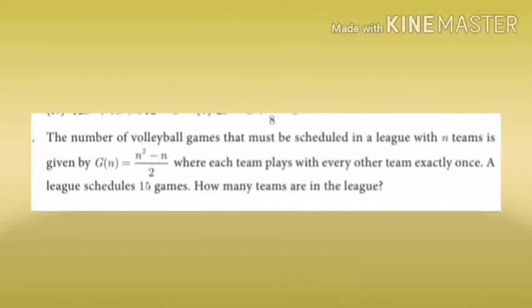The next question is, the number of volleyball games that must be scheduled in a league with n teams is given by g of n is equal to n squared minus n by 2, where each team plays with every other team exactly once. A league schedules 15 games. How many teams are there in the league?